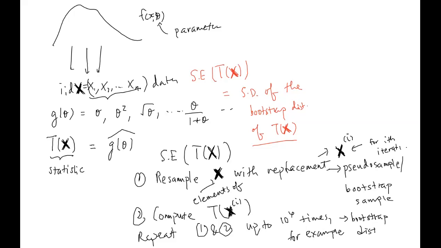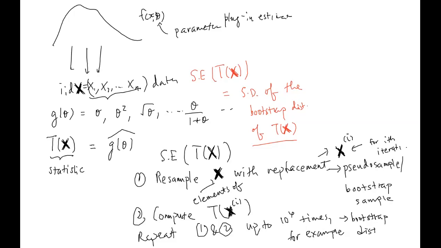And then you are asked to use bootstrapping to correct for the bias, if your T of X is some kind of biased estimator for G of theta. The simplest one may be, for example, plug-in estimators. Plug-in estimators are usually biased.